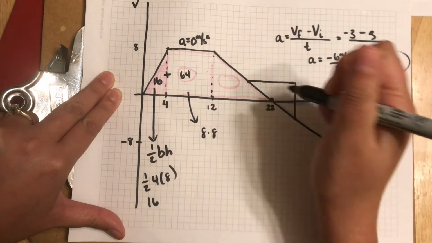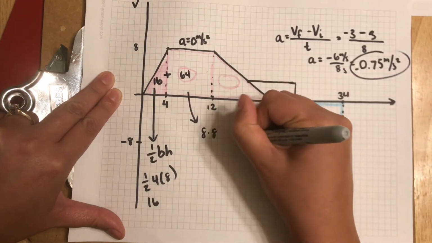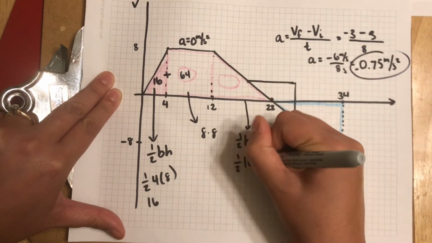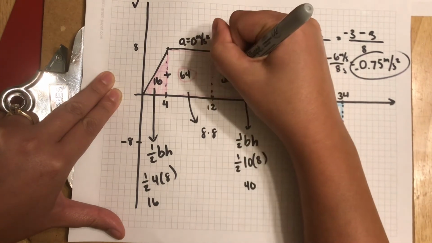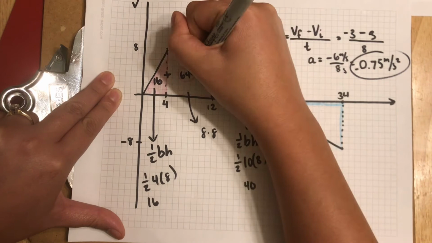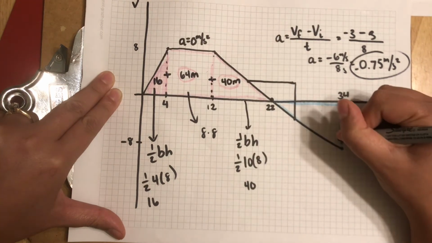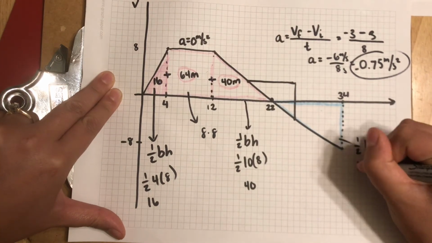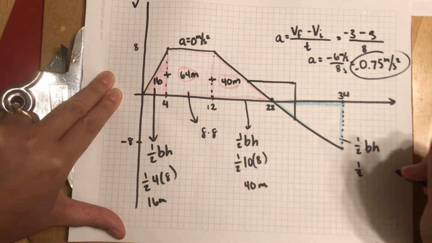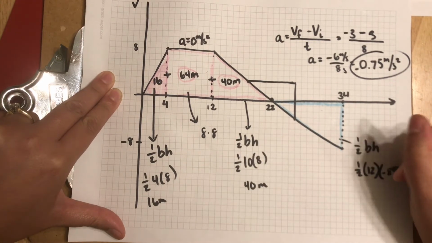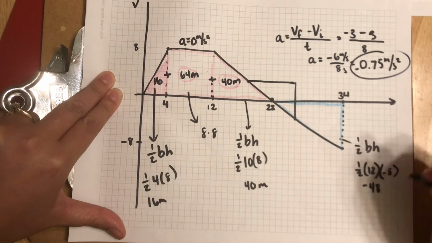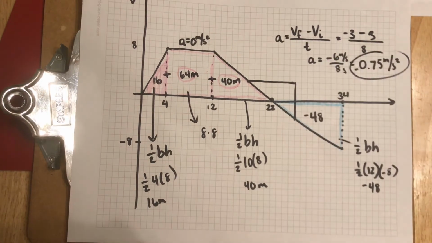The rectangle in the center is an 8 by 8, so 64 meters forward. Finally, up on top, I've got another triangle, so that's 1/2 times 10 times 8, or 40 meters forward. An important thing to note for the blue triangle is that because it's below the axis, this is actually going to give me a negative change in position.